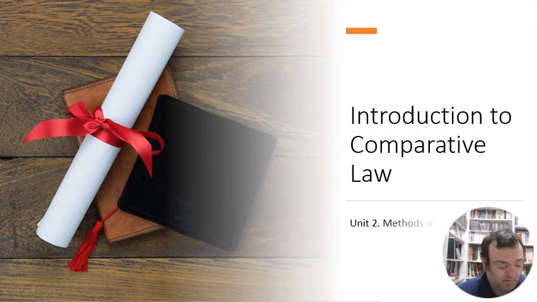Hello, everyone. In this lecture, we are going to continue our study of comparative law. Today, we will examine the principal schools of comparative law methodology. You may remember last time we said that to compare can mean different things. It could mean the fact of comparing, which we all do, but it can also mean a specific field.